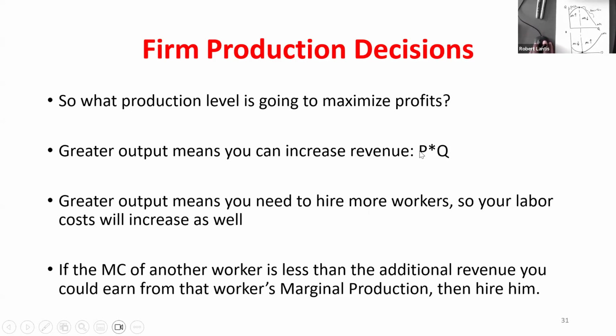Now, by producing more, I'm also increasing revenues by whatever the price of the good is, okay? Well, there's going to be some point where the amount of money added to revenue is below the additional cost of getting one more unit from hiring another worker. Right? So as long as the marginal cost of adding another worker is below the additional revenue I can earn, which is essentially the price, then I'm okay hiring them.